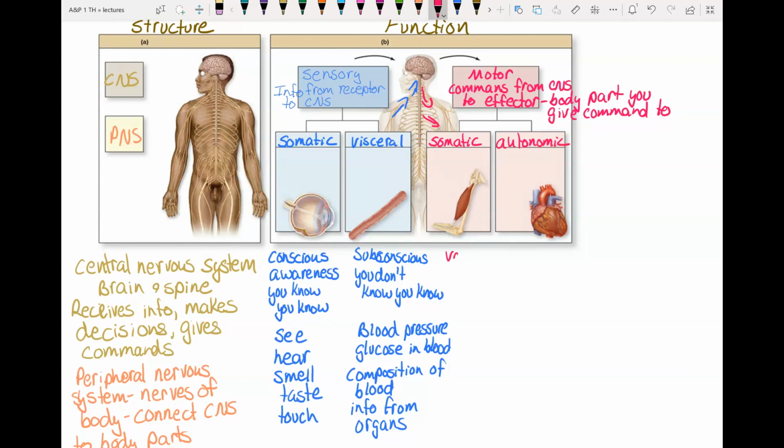Somatic is voluntary. You get to consciously choose what you do with somatic. Autonomic is involuntary. It happens whether you like it or not. There's only one effector in your whole body that is voluntary, and that is skeletal muscle.